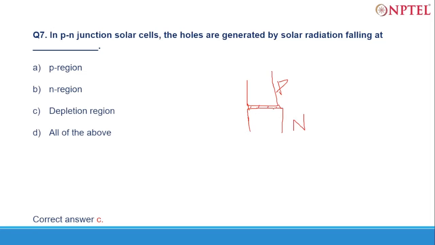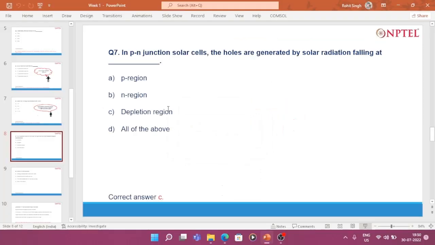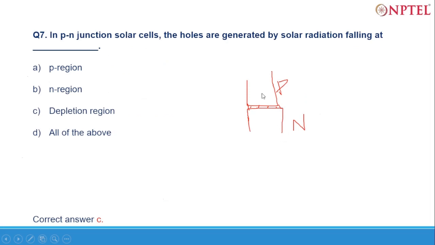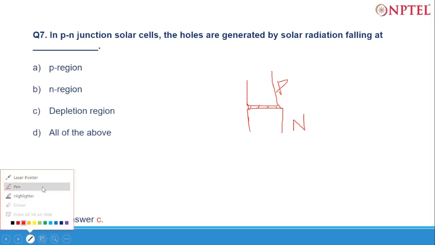Okay, I guess it's visible now. This is P-type semiconductor, this is N-type semiconductor, and this is the region which is called depletion region.